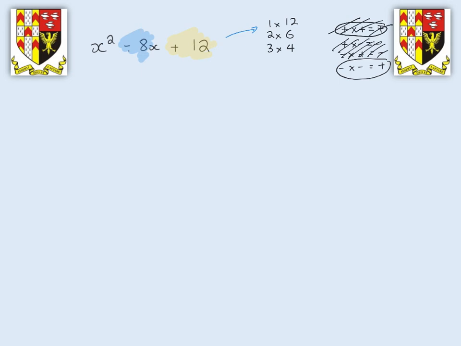So it could be -1 and -12, -2 and -6, or -3 and -4. So if we look at the sums here, -1 add -12 would be -13, so it's not that. -2 add -6, that's going to give me -8, so it looks like it's that. I could just double check, -3 add -4 would give me -7. So it's these two here, so it's just going to be x minus 2 and x minus 6.